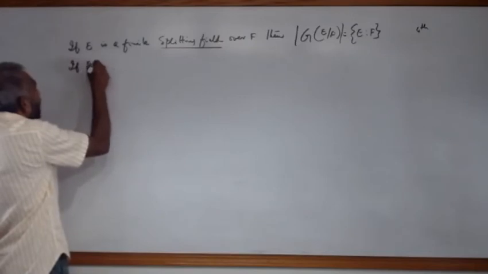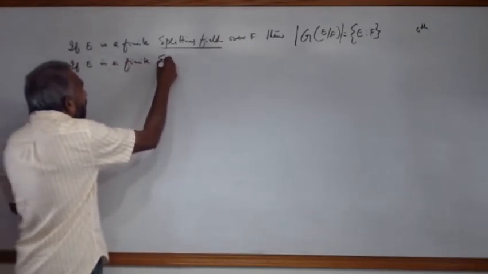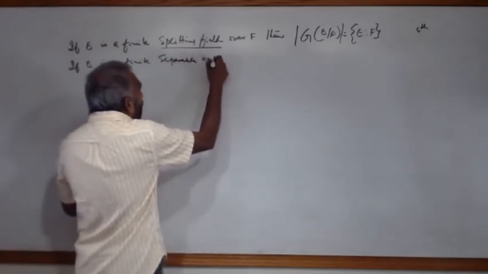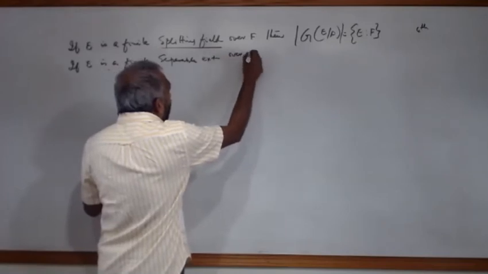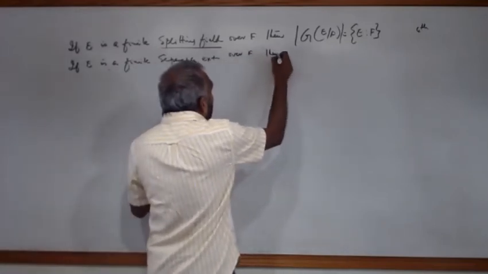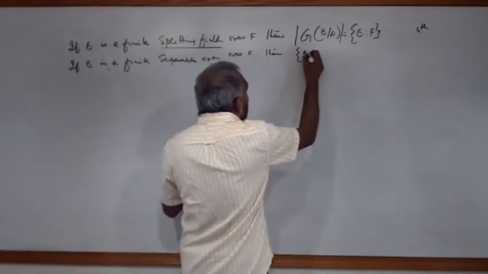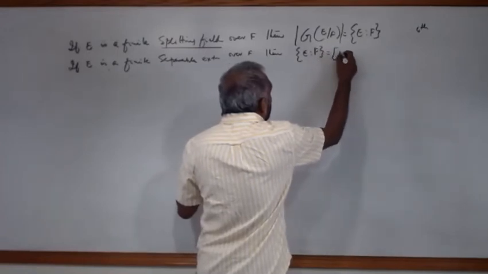If E is a finite separable extension over F, then by definition the index is equal to the degree.